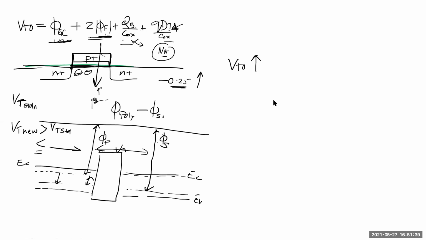So basically, the key thing is that these are good, even though they're hypothetical problems. It's good to go through them because I think some of you are thinking the acceptor ions for QB and 2phiF were from the gate. It's not, right? It's from the substrate.